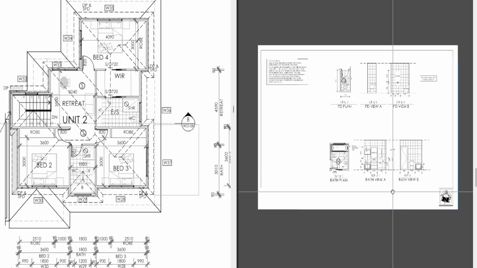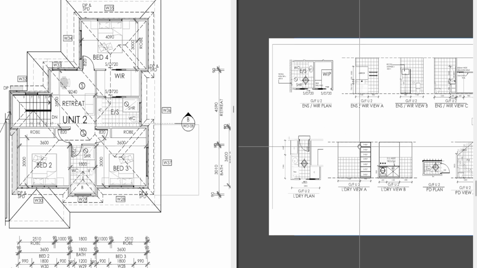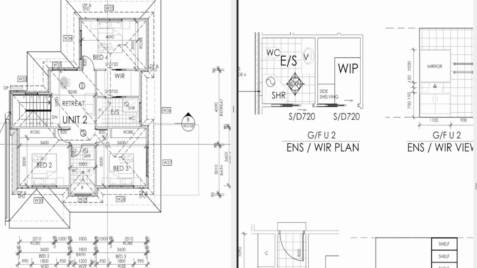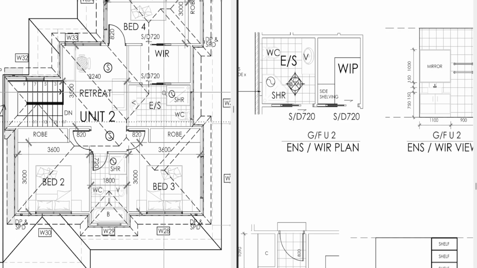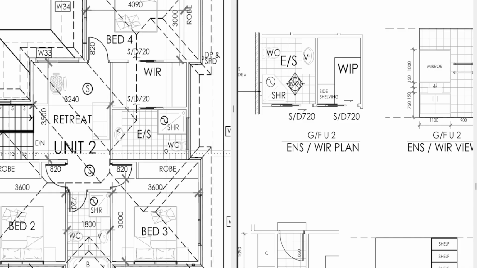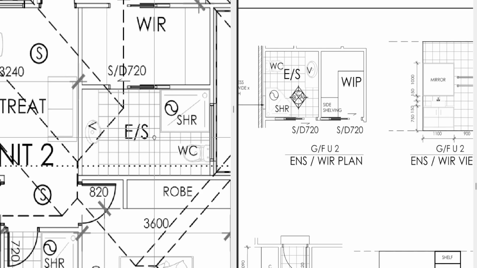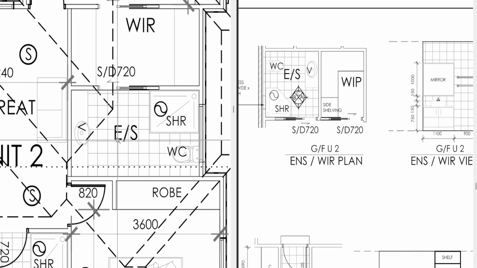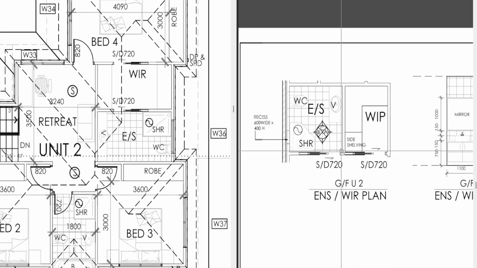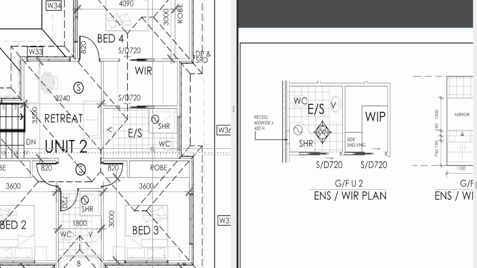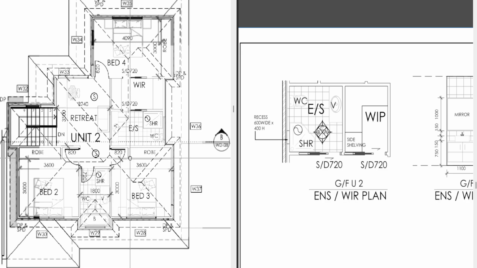So here is unit 2. Here is the same. See, this is the A and S, that means that area and this thing is matching. That is the walk-in pantry area.